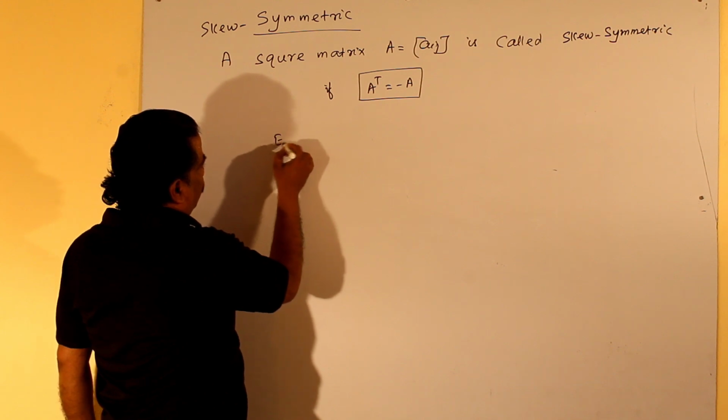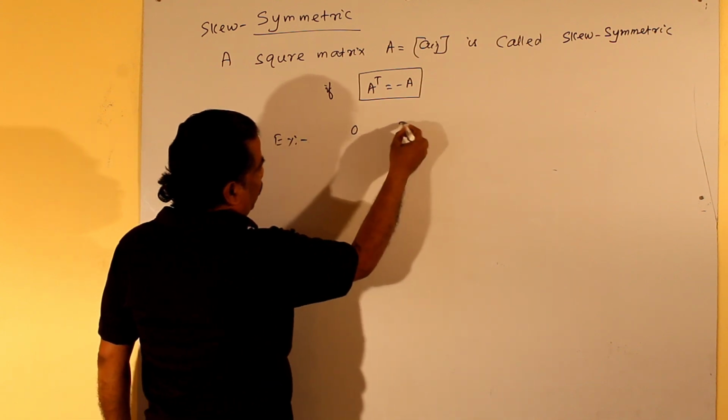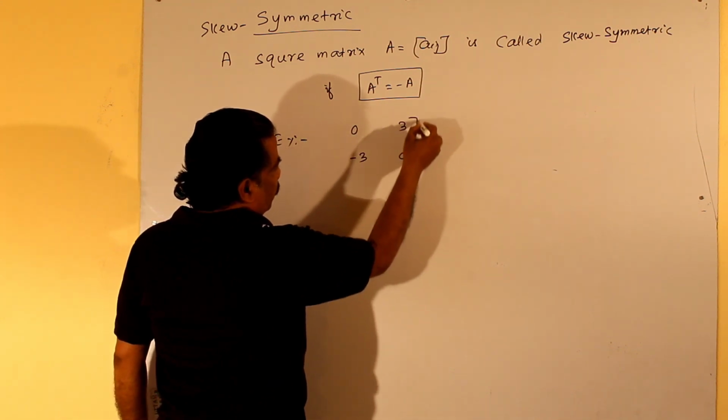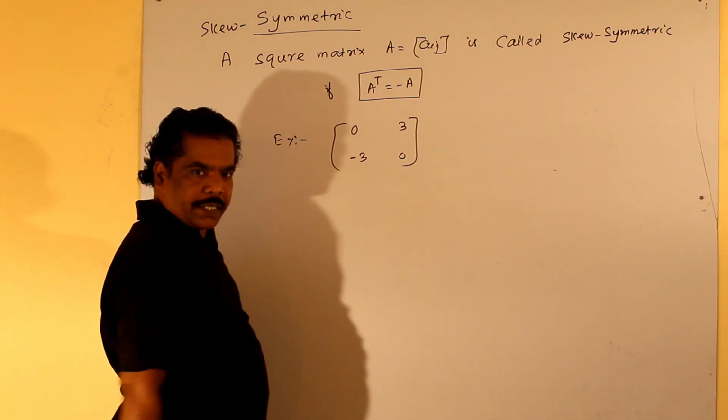As for example, suppose [0, 3; -3, 0]. We take this example; it is a square matrix.